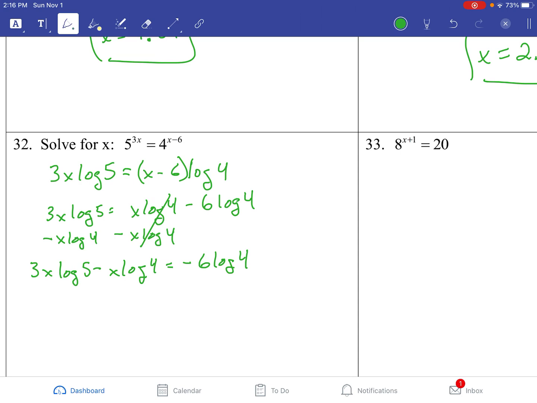The reason I did that is I need both x variables on the same side of my equation, because I have to take them out by using the greatest common factor. If I take x out as the greatest common factor, I'm left with 3 log of 5 minus log of 4.